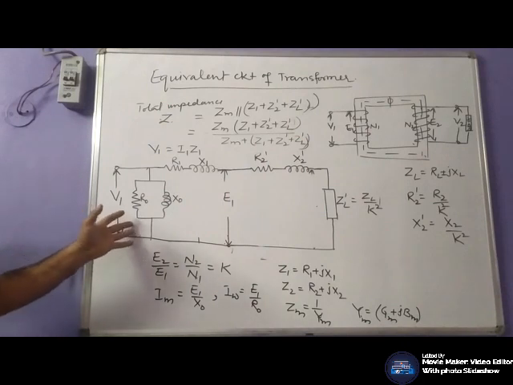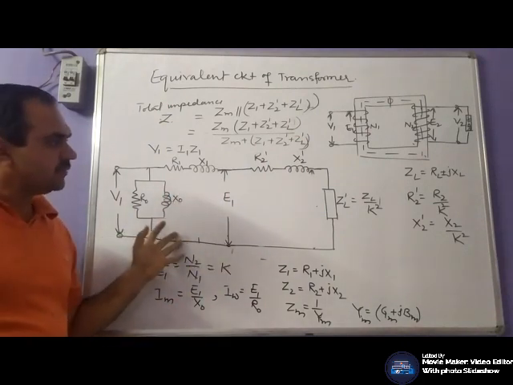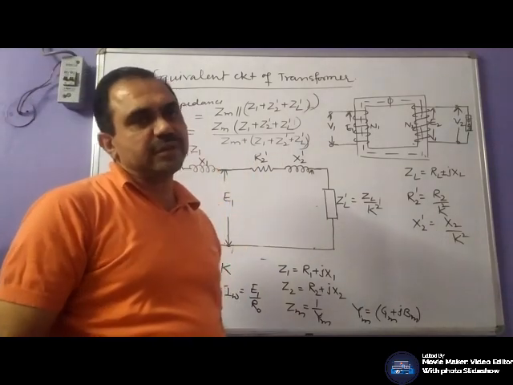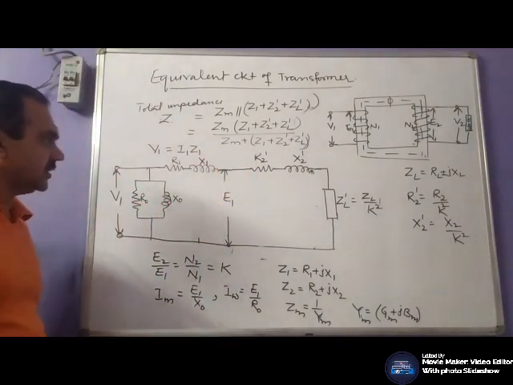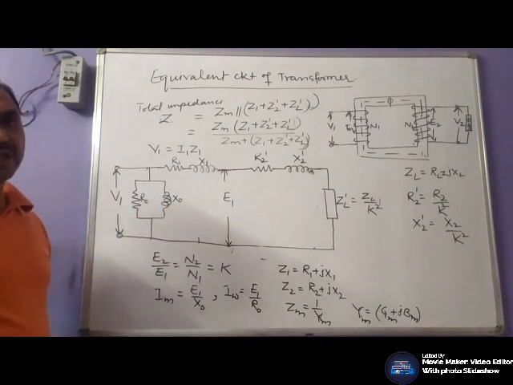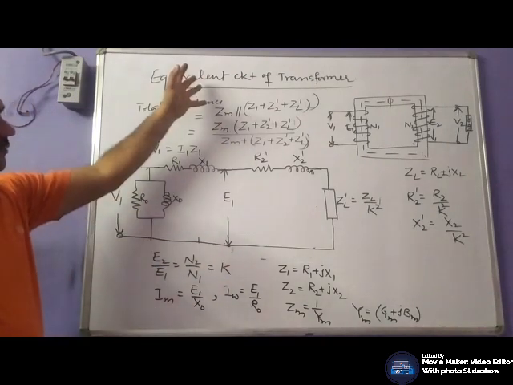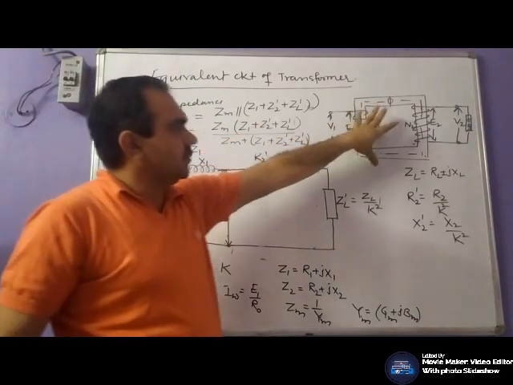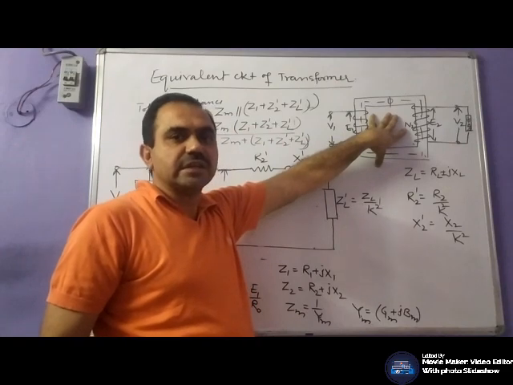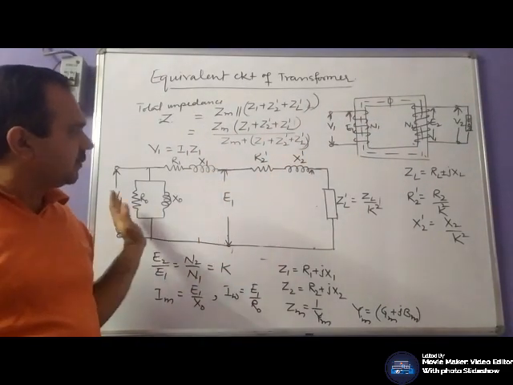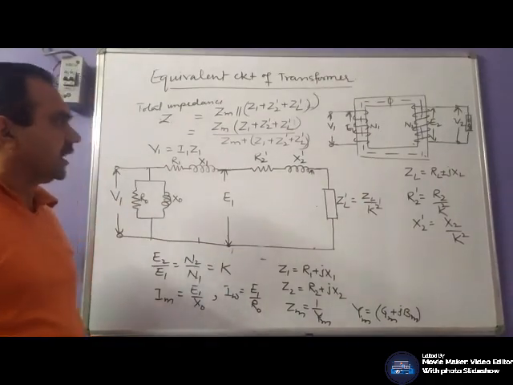So in this way we can simplify and solve the network. Similarly, we can transfer these parameters to the secondary side. So this will be the approximate equivalent circuit of the transformer. We convert this diagram into the actual equivalent circuit, and for calculation or simplification purposes, it can be simplified like this.